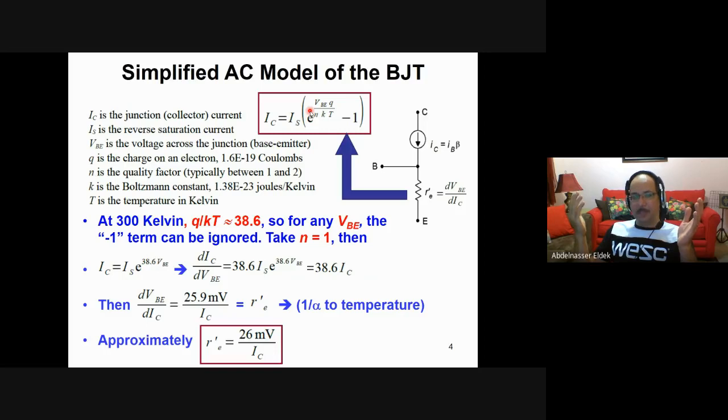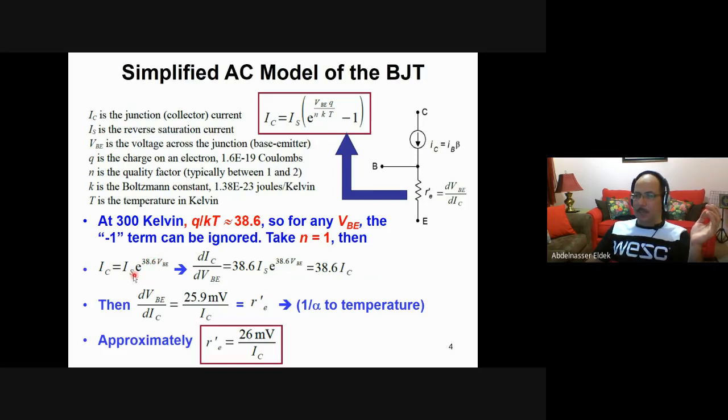So e to the power of 40 VBE is a very large number. So you can neglect the negative one. In this case, you can just take this one here. IC equals IS e to the power of 38.6 VBE. That's it.